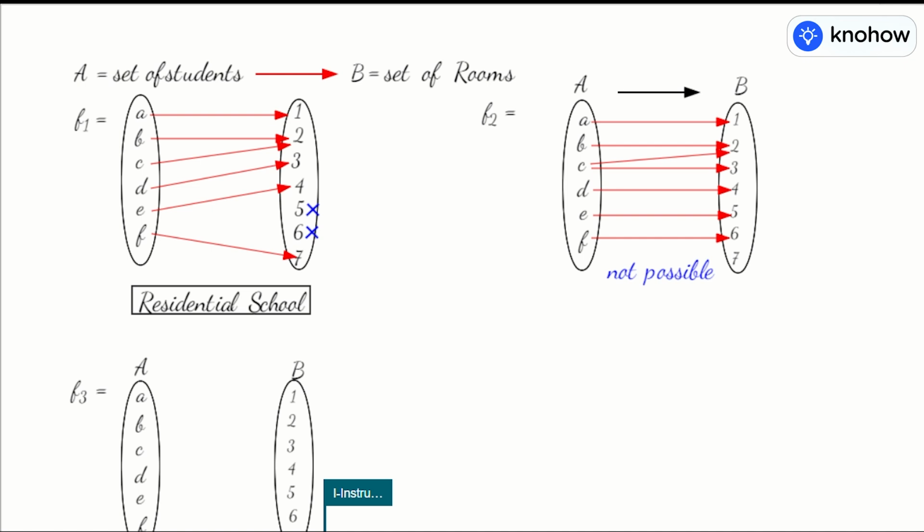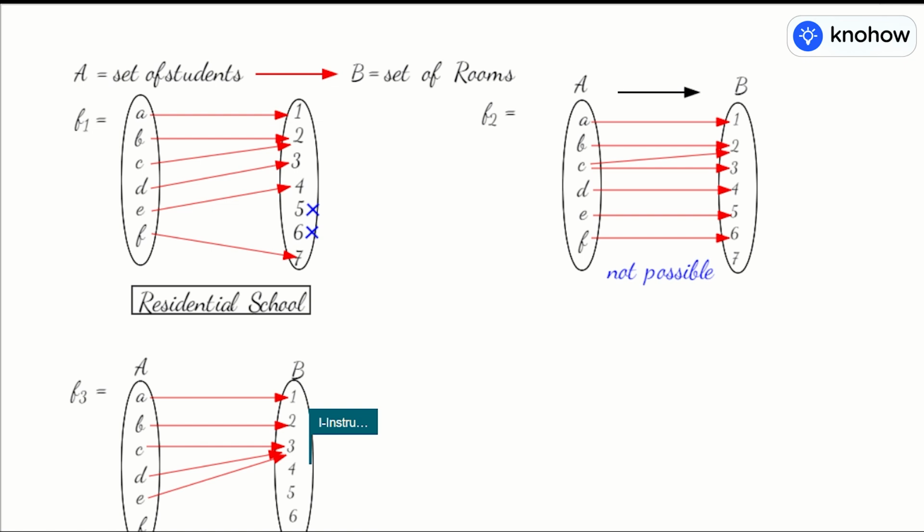A goes to room number 1, B to room number 2, C to room number 3, D and E are also asked to share room number 3 only. A is allotted room number 1, B occupies room number 2, C, D and E, all of them have to share room number 3. So this is the allotment.